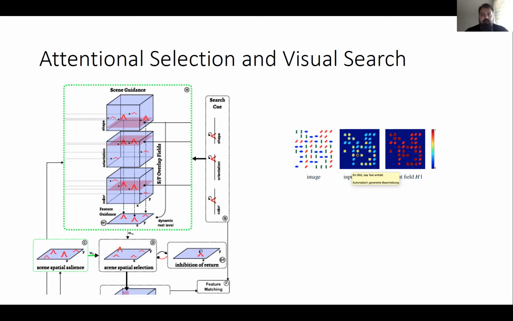So from an evolutionary point of view, it really makes sense to say, okay, if I have 1 degree of freedom, so if I'm not seeking the exact match but an object that may be off from my stored template in memory in 1 feature dimension, then in a naturalistic scene, the probability that there are a lot of objects near to each other that only differ in 1 feature dimension is, if you think introspectively about it, highly improbable.